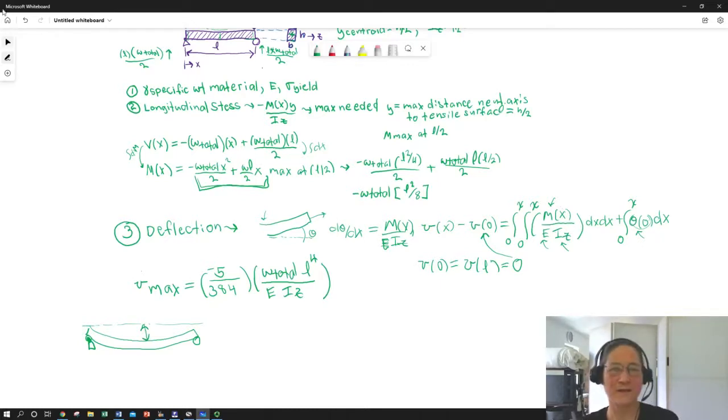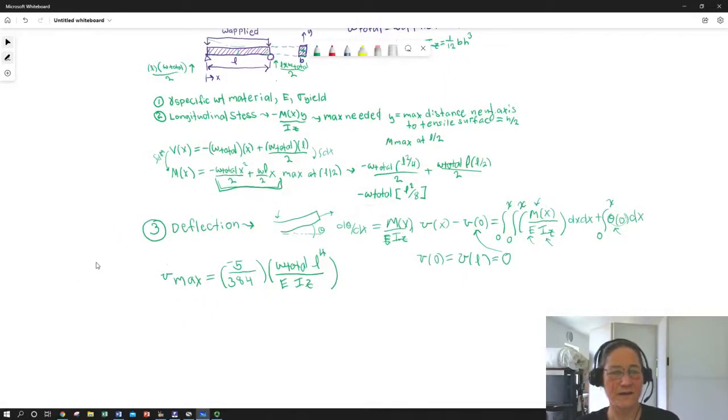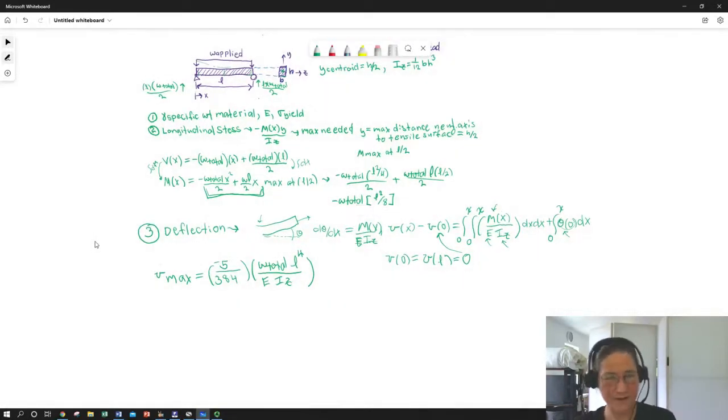I'll erase my little picture of my deflected beam since I know where it's going to deflect. So the only thing that I need to do now is work out an expression for maximum shear. And in your sections on shear stress, you probably learned that in a lot of cases your maximum shear, kind of unlike longitudinal stress, is going to be found near the centroid or near the neutral axis that something is deflecting around.